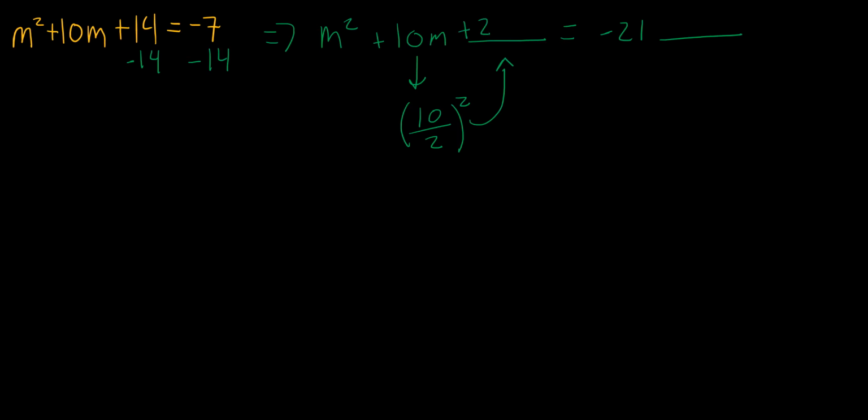So I had to add 25 here, and I had to add 25 here. Awesome. So this equation can simplify to m squared plus 10m plus 25 equals, we have -21 and +25, so we're just going to get 4.